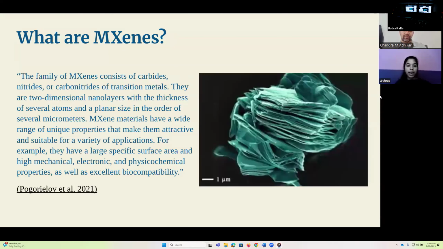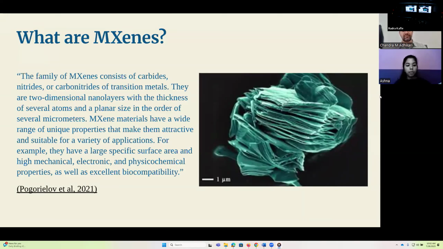So what are MXenes? The family of MXenes consists of carbides, nitrides, or carbonitrides of transition metals. They are two-dimensional nanolayers with the thickness of several atoms and a planar size in the order of several micrometers. MXene materials have a wide range of unique properties that make them attractive and suitable for a variety of applications.